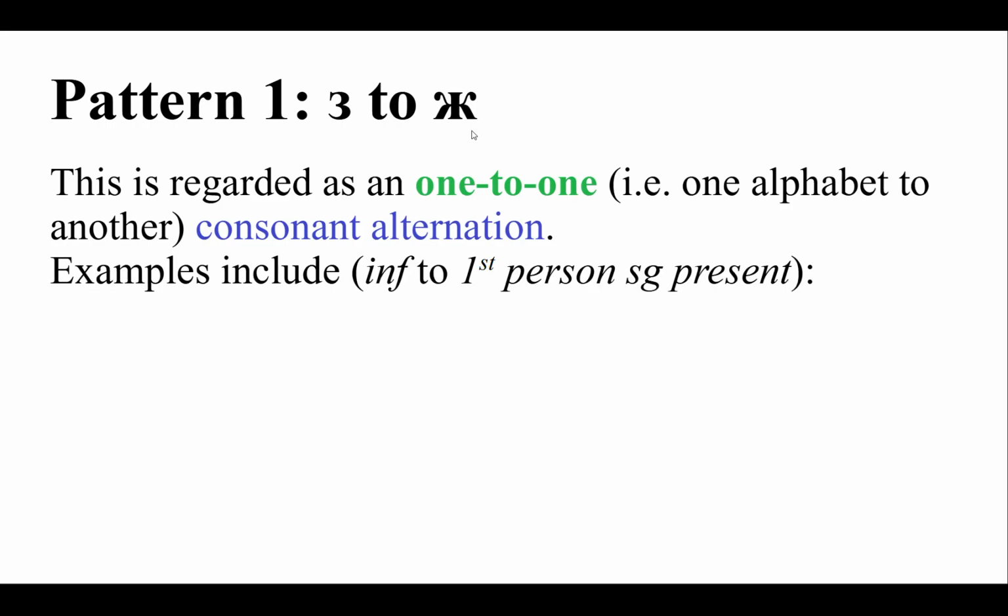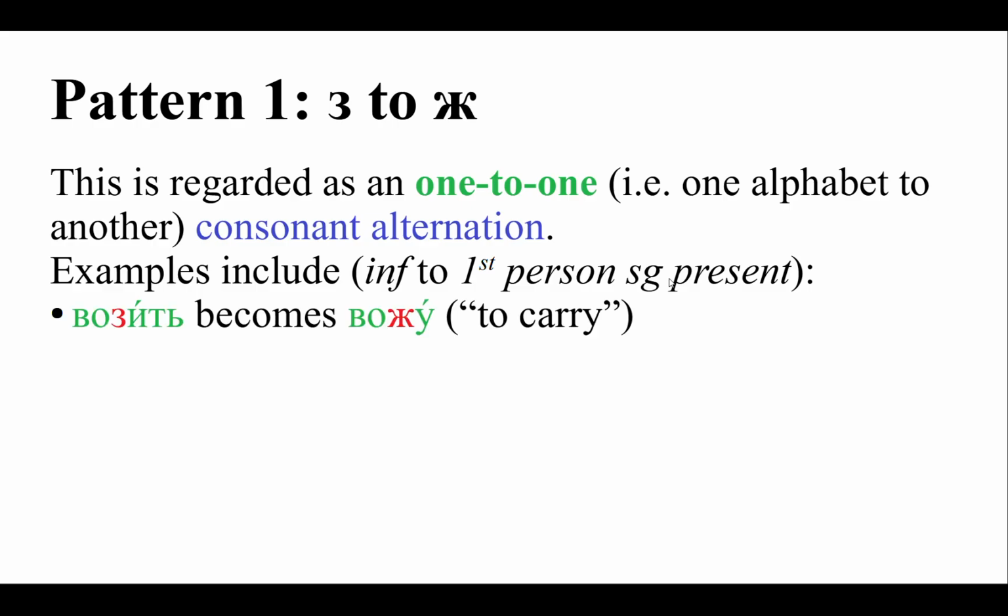Examples include verb conjugation. You see, consonant alternation is prevalent, especially in verb conjugations, like when we change from the infinitive, like to do, to the first person singular present, like I do, in the simple present tense, of course.